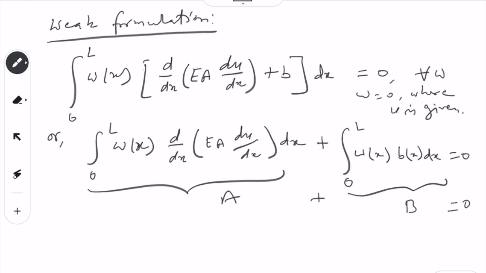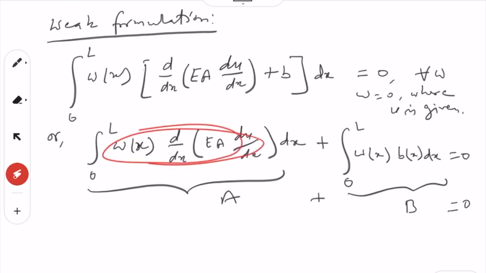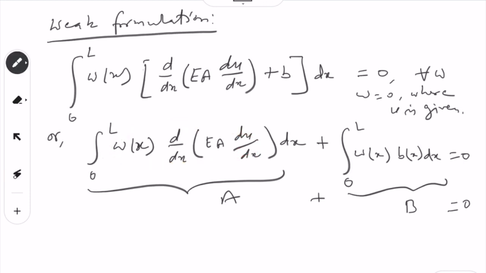What we are going to do is apply integration by parts. So, what is integration by parts? If you have d over dx of u and w, let us not write w here, let us say p and q.